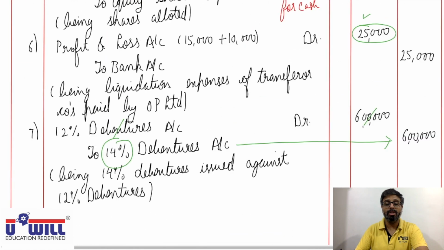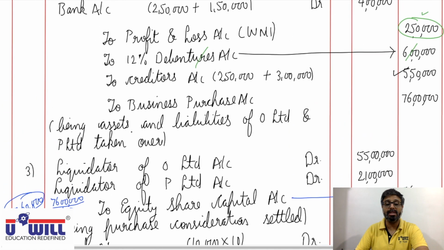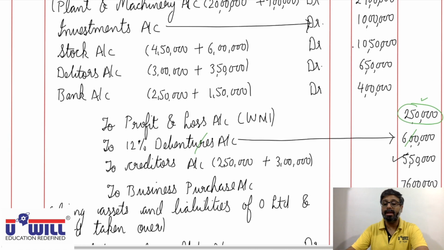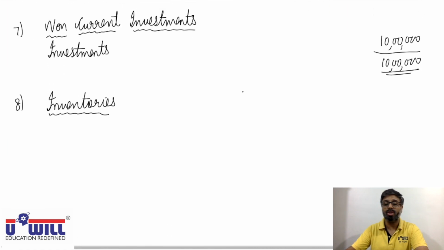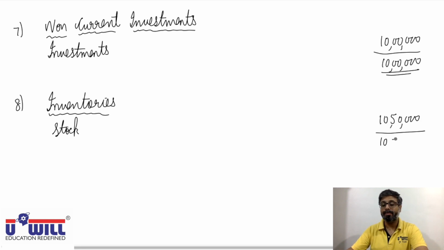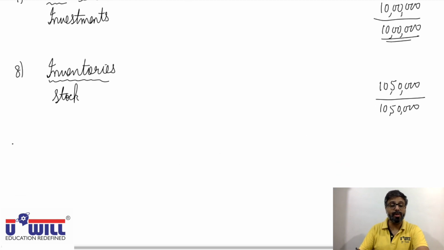In that, stock. All of you can see in entry number 2 there is stock of what amount? 10,50,000. So stock 10,50,000. Only one item in inventories. Then after inventories we have trade receivables.